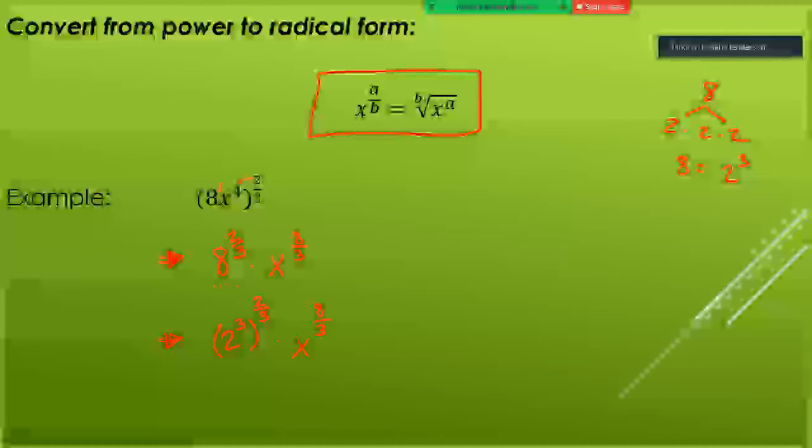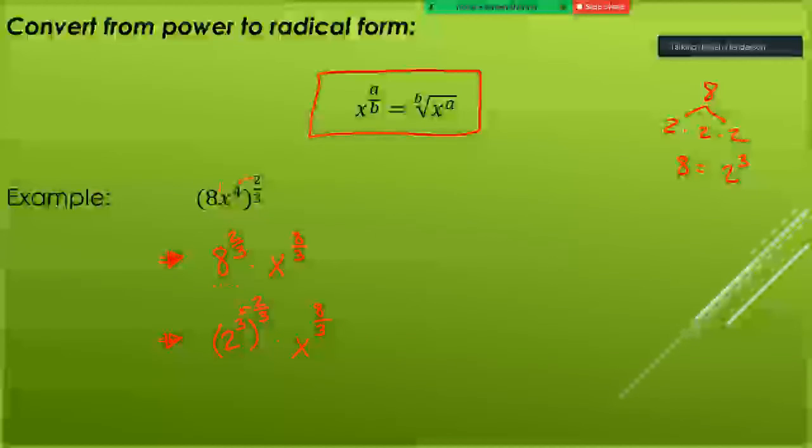Let's do our 2 to the 3rd to the 2/3 power. So I multiply the inner power to the outer power, and we get 2, what is that, 6/3. I'm only dealing with the 2 right now. We'll deal with x in a second.